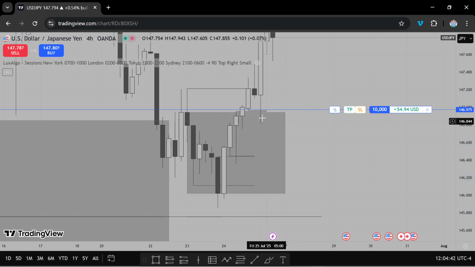All right, so we got a fair value gap right there, and we also have a fair value area right there. So number one, we can see that we are building up bullish price action. First of all, we did sting into this weekly fair value gap, and we also took out this 4-hour low right here.